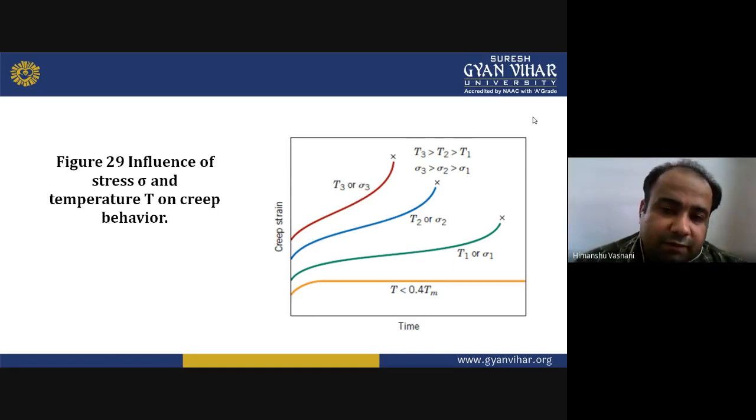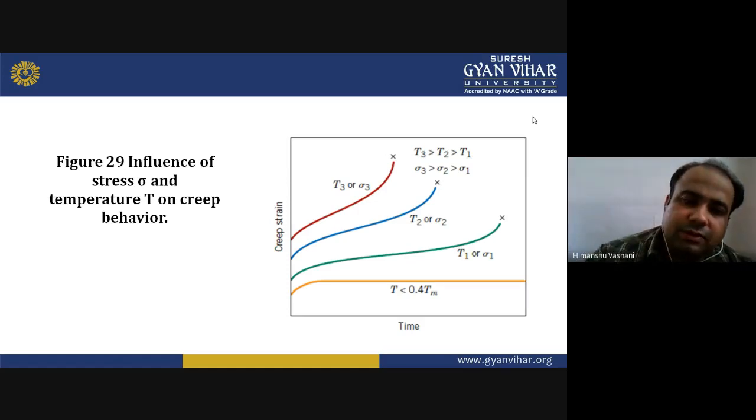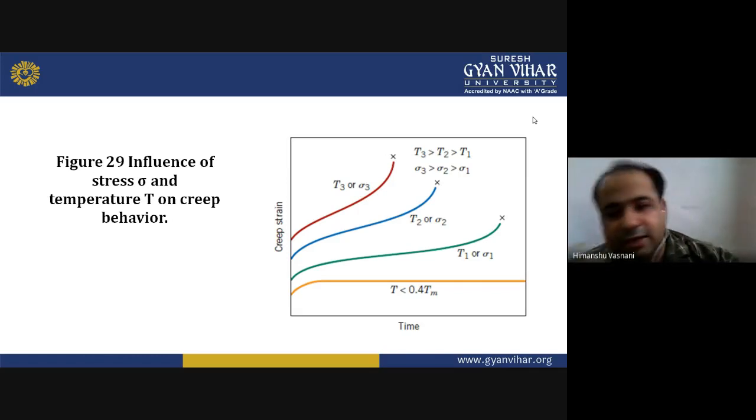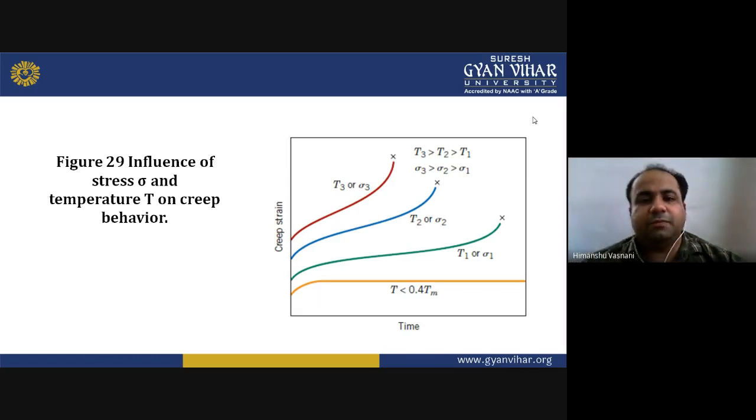There are four different colors, yellow, green, blue, and red, showing which stress is greater, which is lesser, and which is the least, and according to that the temperature, T3, T2 or T1. This curve shows the influence of stress and temperature T on creep behavior.